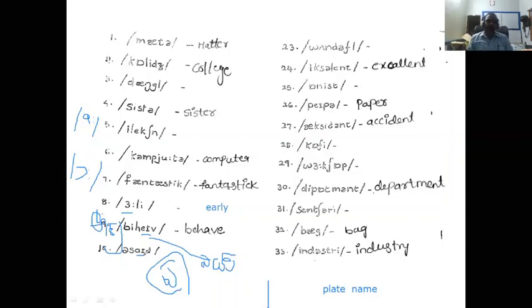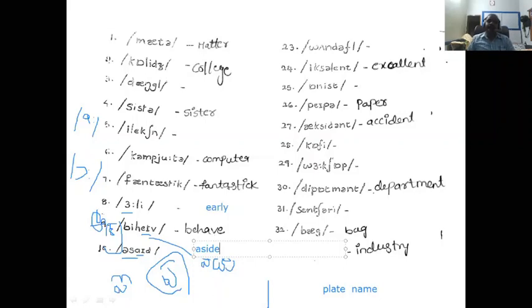This diphthong is pronounced as I. We can write it as I. Up to here it is aside. Generally, we say it differently. What's the spelling of it? We write it like this: A-S-I-D-E. We pronounce it one way, but it is not that.